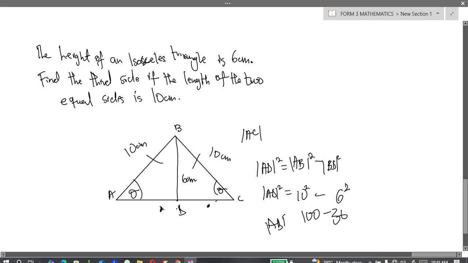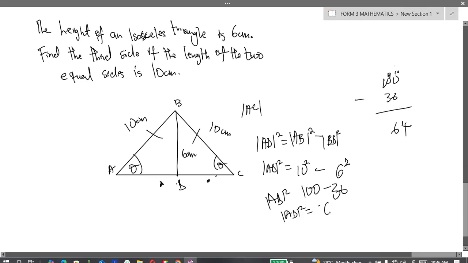I borrow 1 from here, here becomes 10, here becomes 9. I subtract this one from this, I get 4. I subtract this one, I get 6. So 64. So here we are going to get a perfect square. AD will be equal to the square root of 64, which is 8. So we have 8 centimeters here, and 8 centimeters here also.